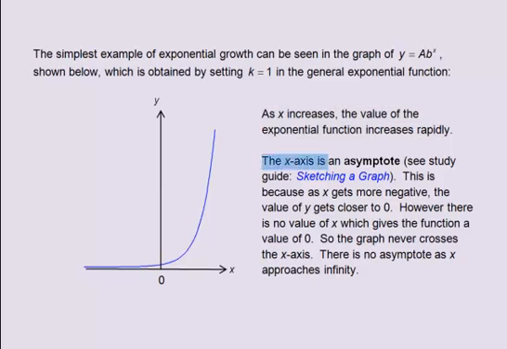The x-axis is an asymptote. See study guide, sketching a graph. This is because, as x gets more negative, the value of y gets closer to 0. However, there is no value of x which gives the function a value of 0. So the graph never crosses the x-axis. There is no asymptote as x approaches infinity.